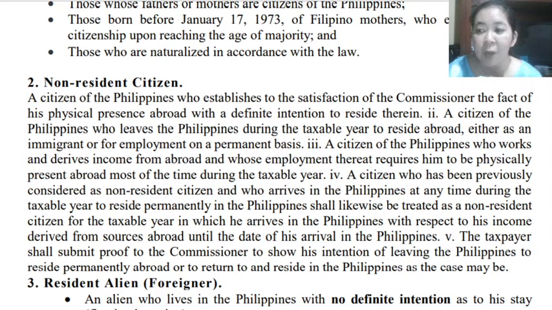Because you have arrived just recently, with respect to your income for the current taxable year. But if you reside permanently thereafter here in the Philippines, you can be reclassified later on as resident citizen. Another is the taxpayer shall submit also the proof to the commissioner of BIR to show his intention of leaving the Philippines to reside permanently abroad or to return and reside here in the Philippines, as the case may be.